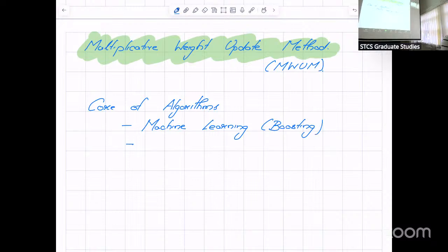If you're doing optimization, combinatorial optimization, in fact general optimization also, you would see this while trying to solve LPs and semidefinite programs.